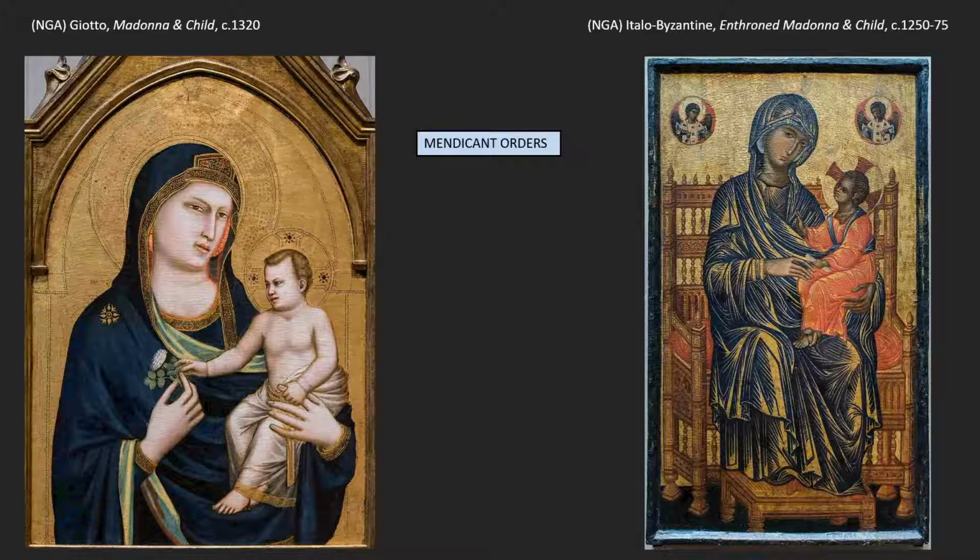In the 13th century, right, early part, 1230s, there are two new orders of monks, monastic orders. Now, an order is a group that follows a particular set of rules, right? And monasticism goes back to the 6th century under St. Benedict.